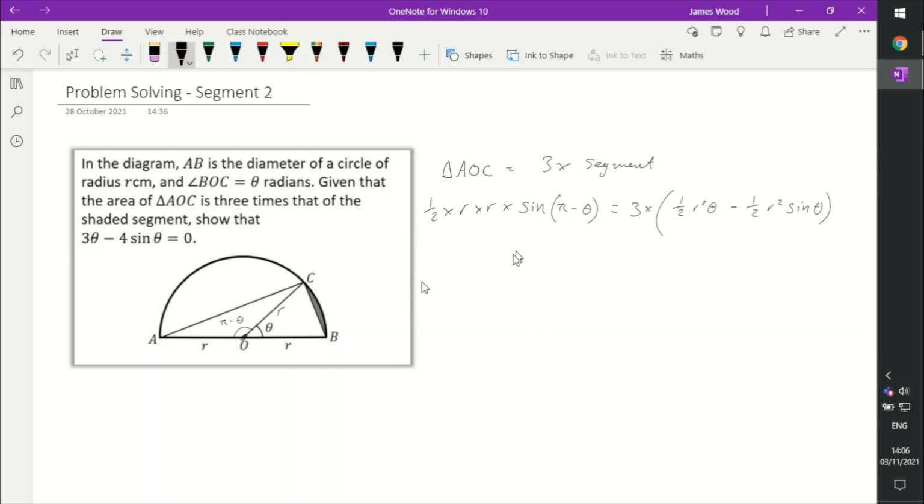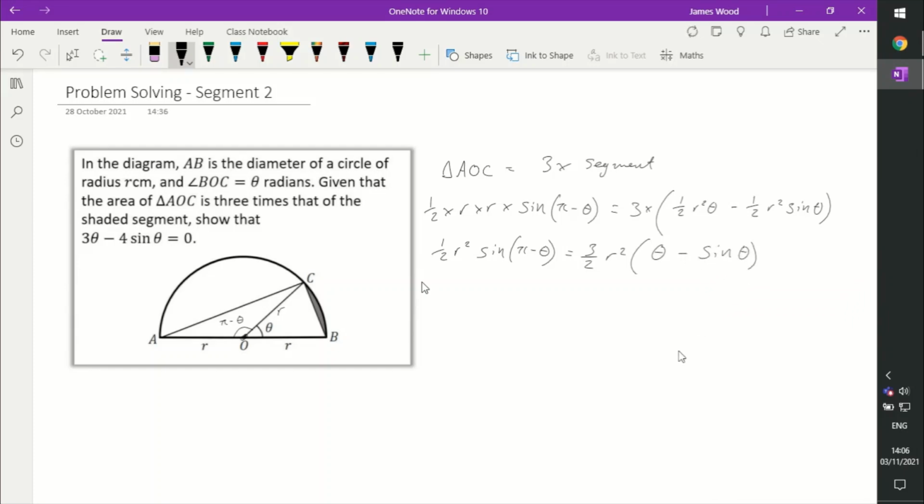Right, let's try and just tidy it up a bit because it looks a bit messy at the moment. So I'm going to simplify the left-hand side to half r squared sine pi minus theta. And here I've got lots of r squareds and half r squareds in here, so I'm going to actually factor out the half r squared. So this is going to become 3 over 2, because I'm going to pull the half out, 3 over 2 r squared times theta minus sine theta.